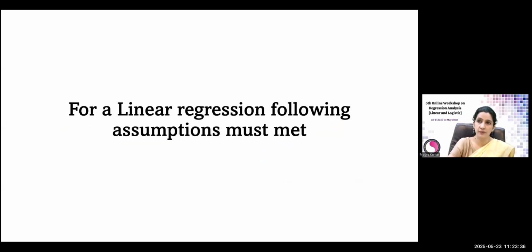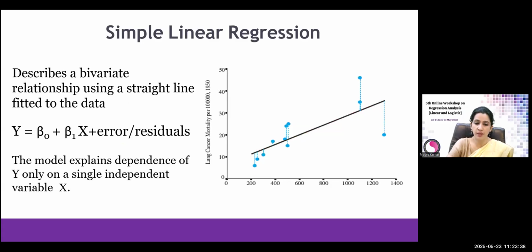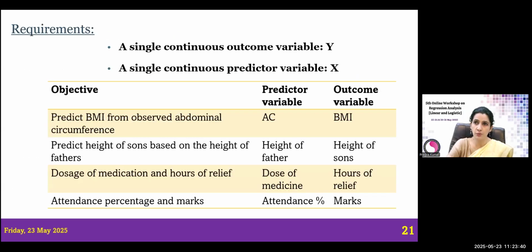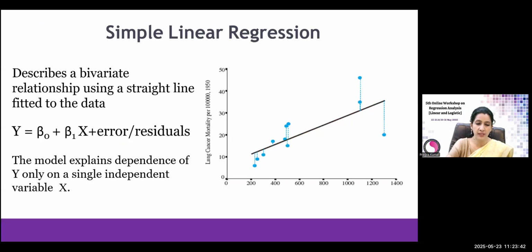So, beta 0. Beta 0 is an intercept. It is actually a constant. We define beta 0 as the value of y when all the independent variables are 0.